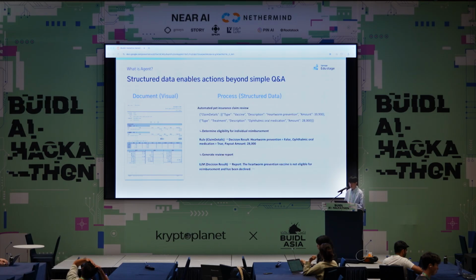Let's look at an example. On the left side of the slide, you can see a receipt from an animal hospital. If we extract data such as diagnosis, treatment cost, and treatment date from this document, we can then use that structured information to perform tasks like automated insurance claim review or report or summary generation, as shown on the right.